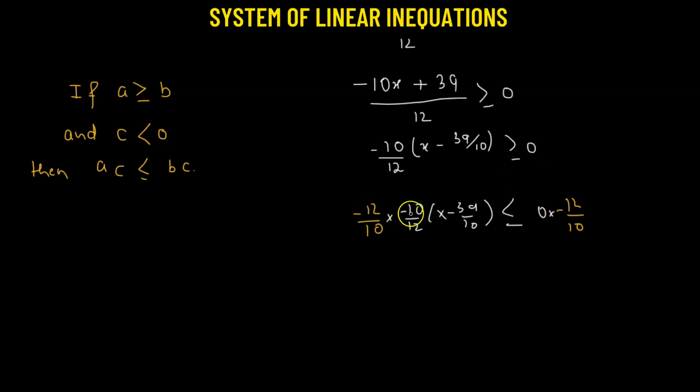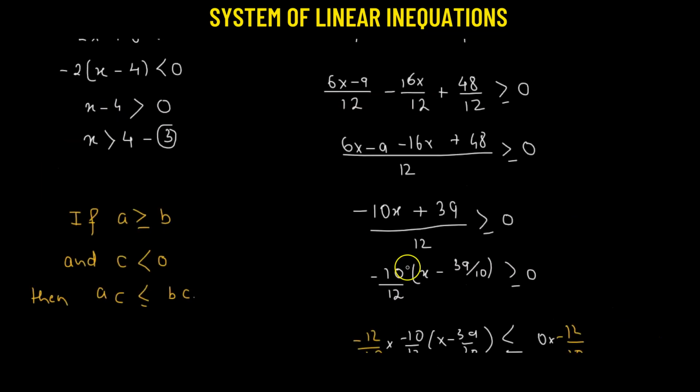Negative 12 over 10 multiplied to negative 10 over 12 makes it positive 1. So we have x minus 39 over 10 less than or equal to, anything multiplied to 0 is simply 0. So we have x less than or equal to 39 over 10. Or we can say x is less than or equal to 3.9. So let's label this as number 4.